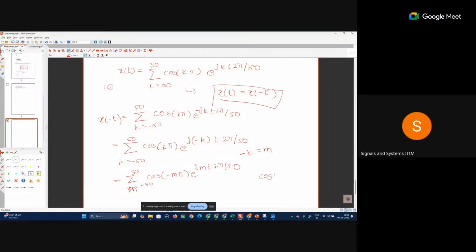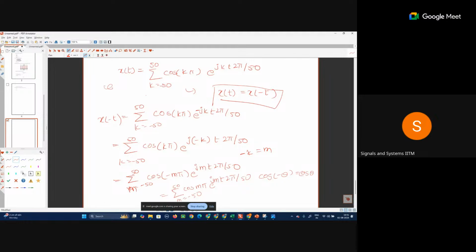So cos of minus theta is cos theta. Am I right? Yes. So it will be the summation m equals minus 50 to 50 of cos m pi e power j m t 2 pi by 50.